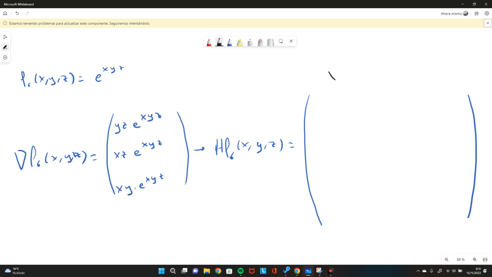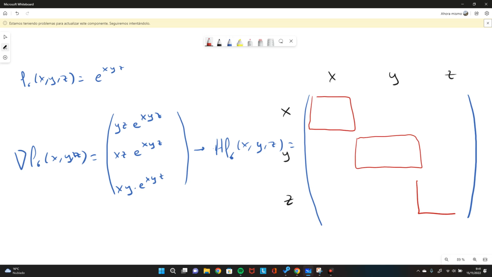And always think like this: x, y, and z. In the main diagonal, we have the derivatives repeating the variable twice, so this is z z, y y, and x x. And the rest of the places, just combining variables.